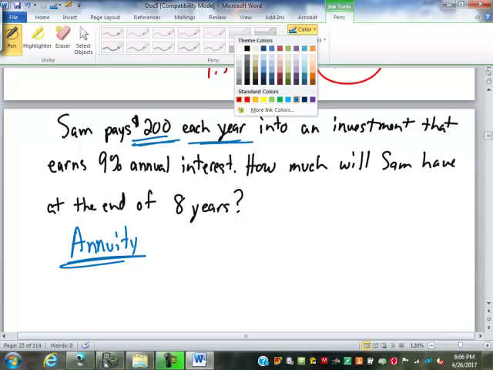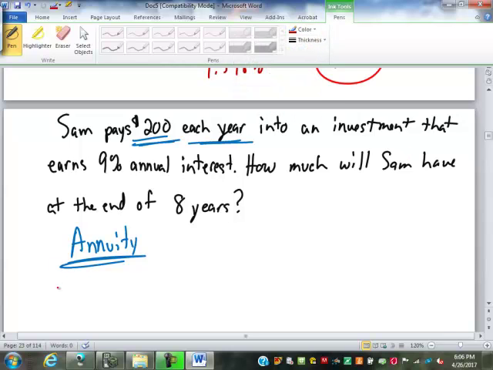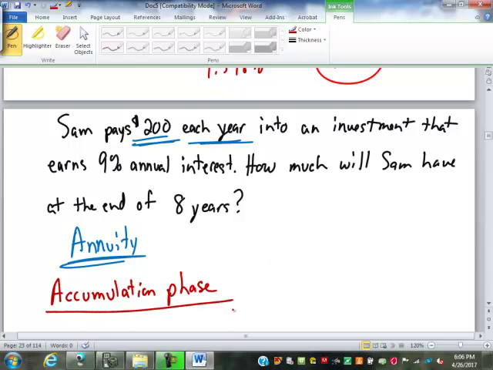As we mentioned, this is what we call the accumulation phase of an annuity. What that means is there's money being paid in, and the balance is growing. It's accumulating.